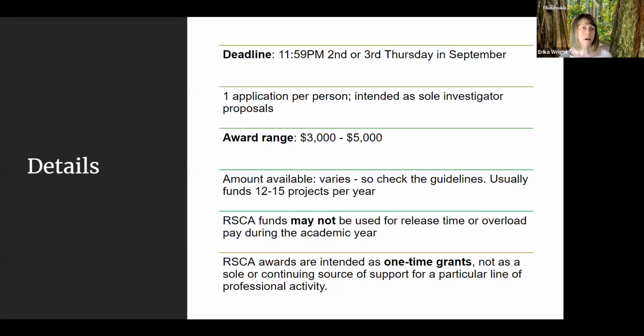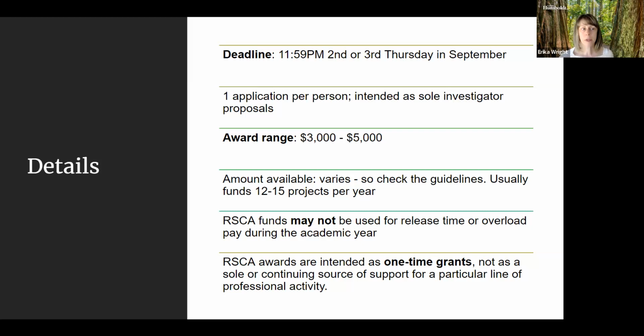The details are outlined on the call for proposals, which again is available through the InfoReady link that I mentioned on the first slide. And every year, the deadline is going to take place either the second or the third Thursday in September. Since the dates shift around, we have to make sure there's enough time for the review committee to review the proposal. So it will shift, but it will always be either the second or third Thursday in September.